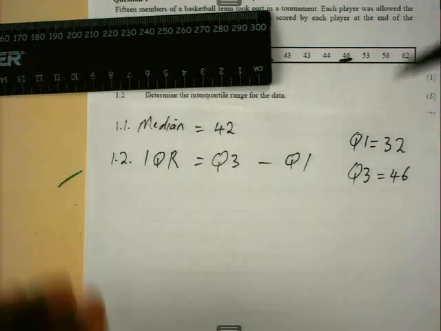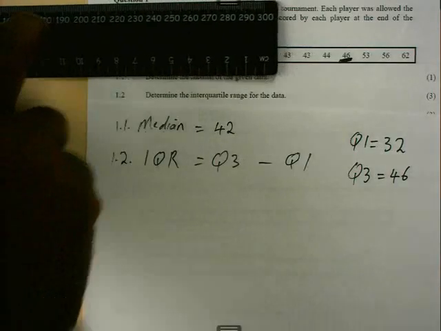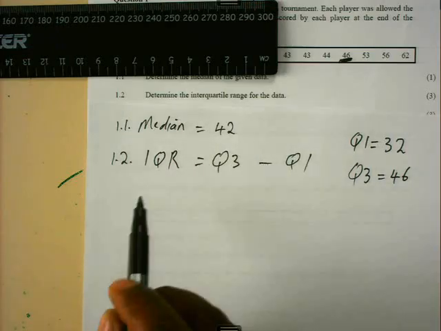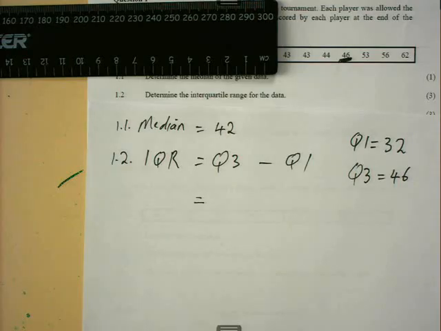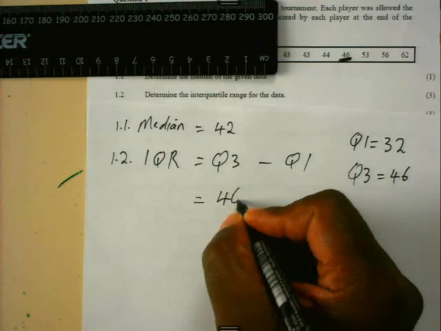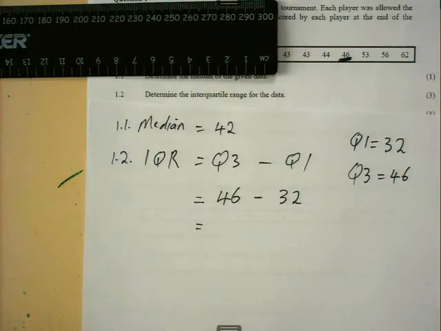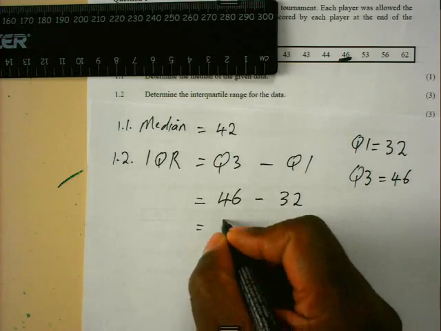So the question states, I hope you can still see the question: determine the interquartile range of the data. So we said the interquartile range is equal to Q3 minus Q1. Q3 is 46, minus 32. Simply subtract 46 minus 32, and you'll end up with 14.